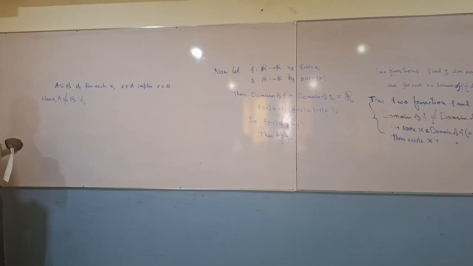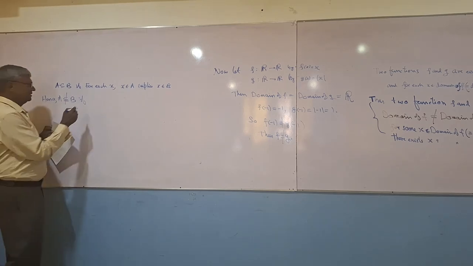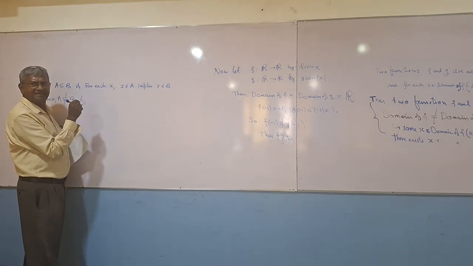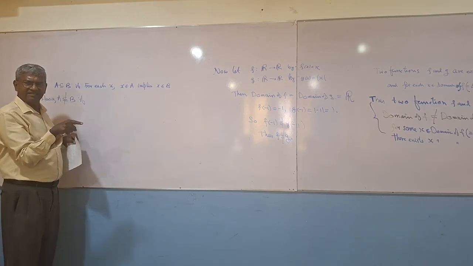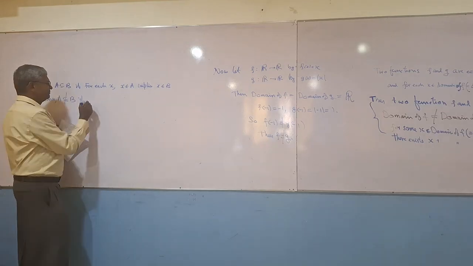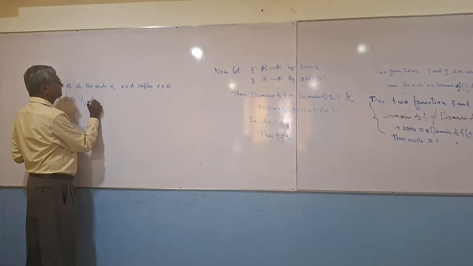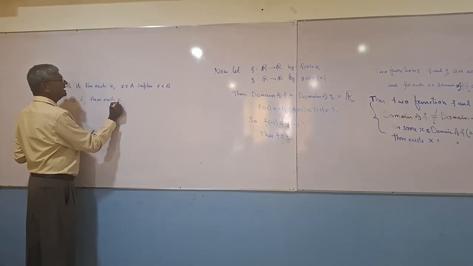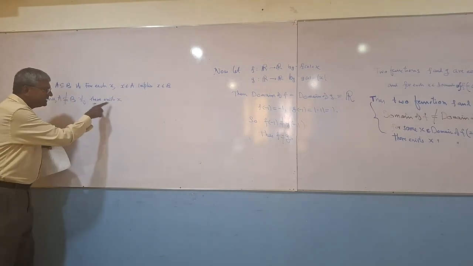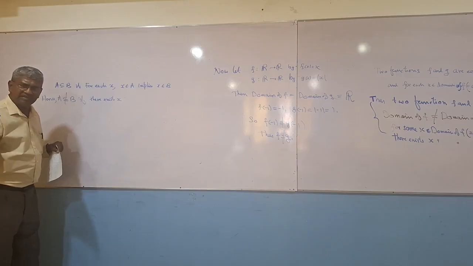For some x. Shall I write there this x? Instead of for some x, shall I write there exists x? Same thing, no? Yes. There exists x. If I write there exists x, there are two words I must write.